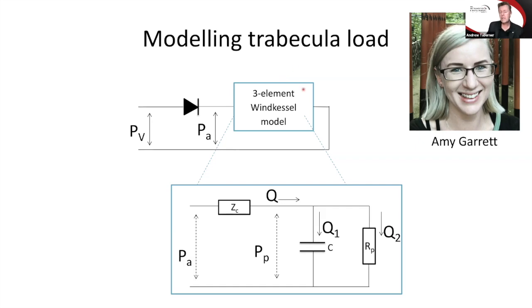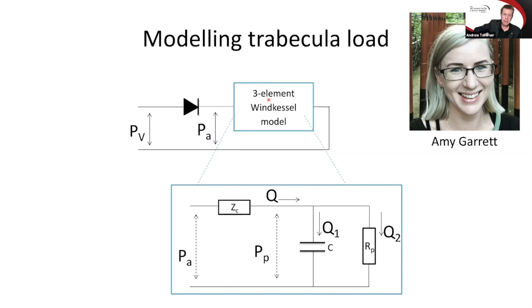So what we have done in our device is create a mathematical model of the flow impedance that the heart normally experiences when it's in the body. The circulation is often modeled as a so-called windkessel, which is like a knapsack sprayer that you might use to spray weeds in your garden.